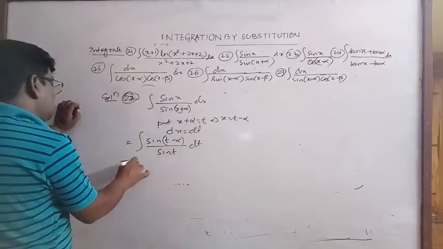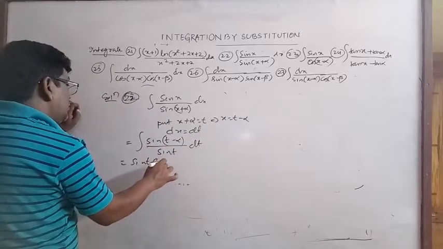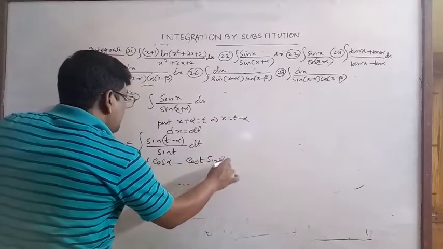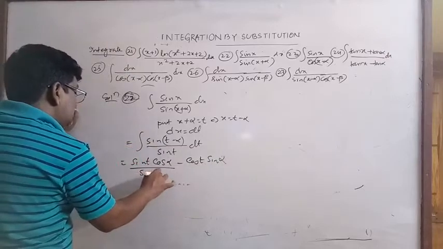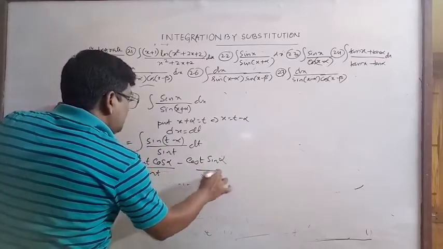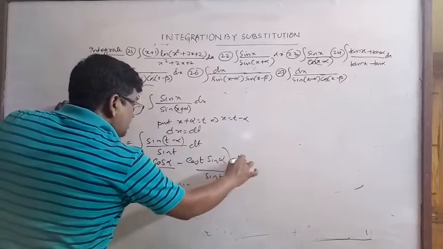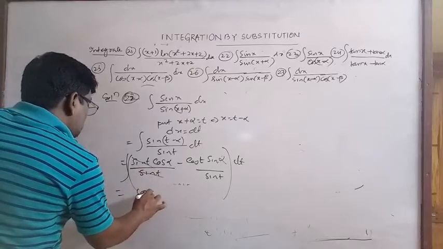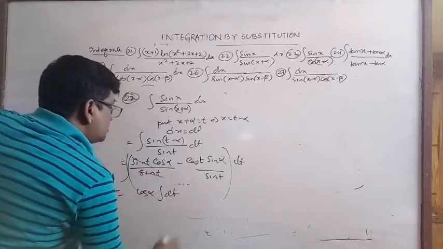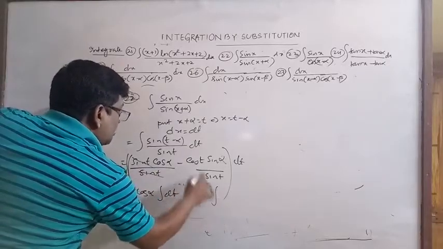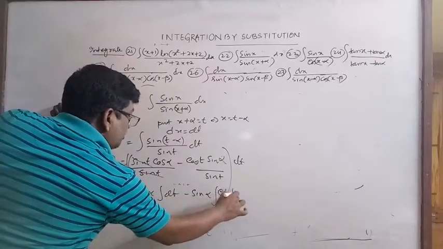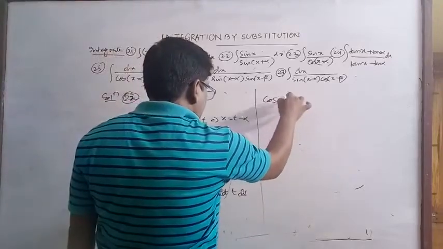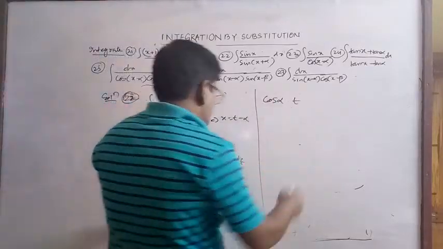This is equal to sin t cos alpha minus cos t sin alpha, divided by sin t, whole bracket dt integration. Sin t cancels, so this is cos alpha dt, and sin alpha is a constant, and cos by sin is cot t dt.